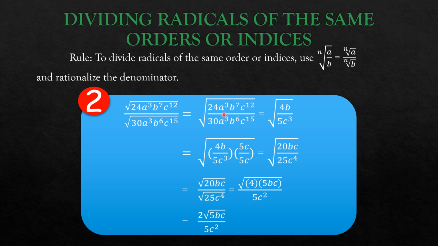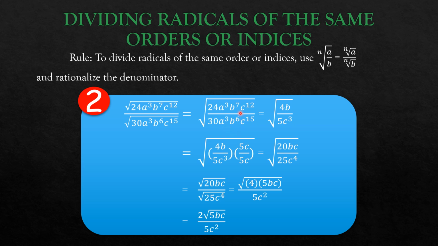Why? Kasi, di ba, in dividing expressions, we copy the variable and then we subtract the exponent. So, if this is 3 and this is 3, 3 minus 3 is equal to 0. So, any variable raised to 0 is equal to 1. So, okay lang po na i-cancel out po natin yan. That is equal to 1.